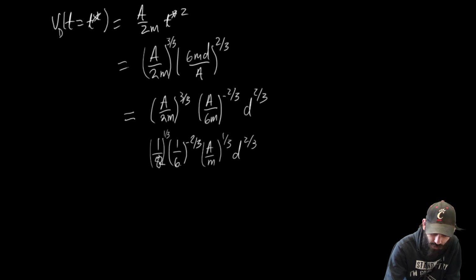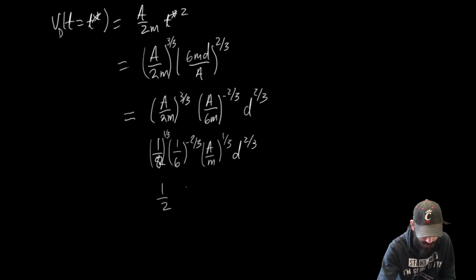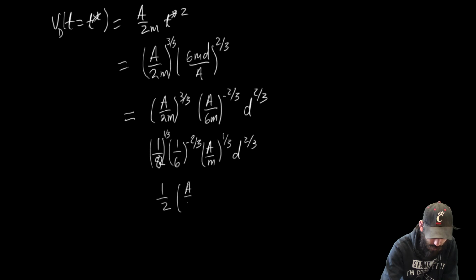And so effectively what we have here is, I'm not so happy with the way that I'm combining these terms here, but at the end of the day, we end up having something that is going to look like 1/2 times a 6 to the 2/3, or let's do it like this: 1/2 times a over m to the 1/3.